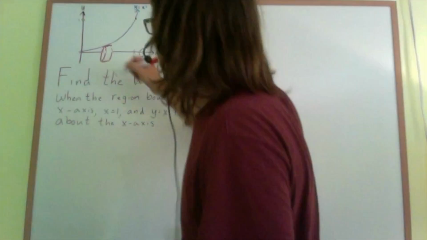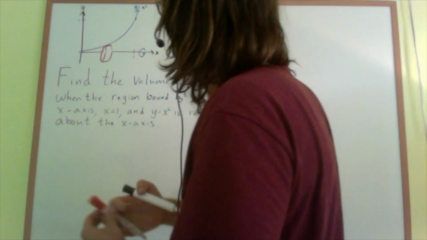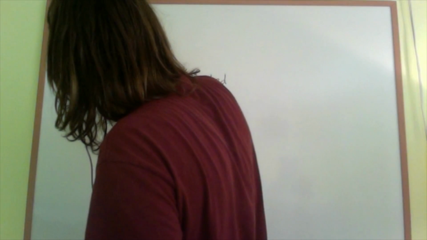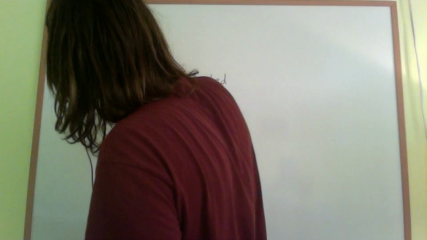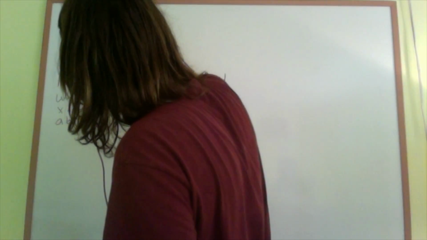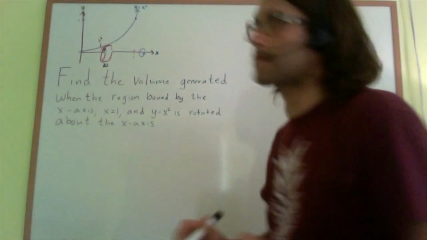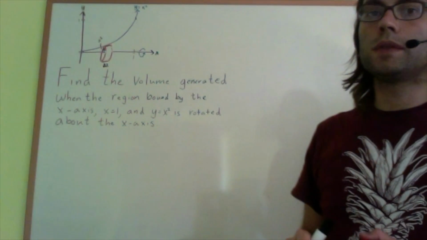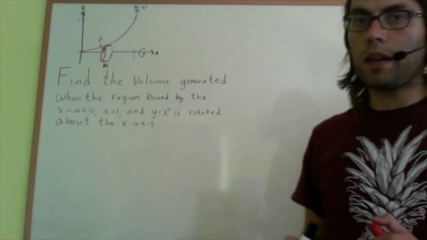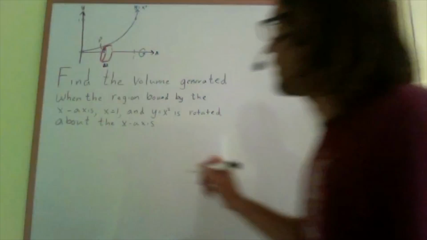And then the thickness here is delta x, and we have the radius here. It's a little bit hard to see, that's x squared.